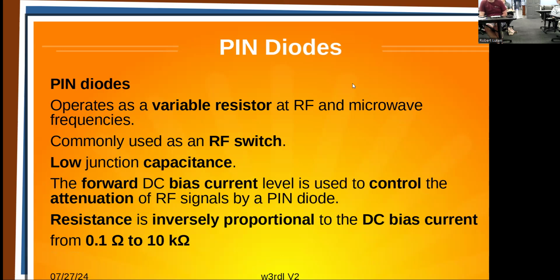A PIN diode. It's called PIN because it's a P type, an I type, and an N type. So it actually has a layer of pure silicon between the junctions. Its main claim to fame is it can be used as a variable resistor at high frequencies, a voltage controlled variable resistor.